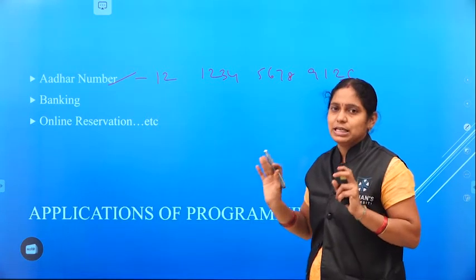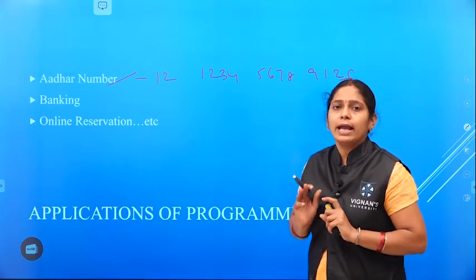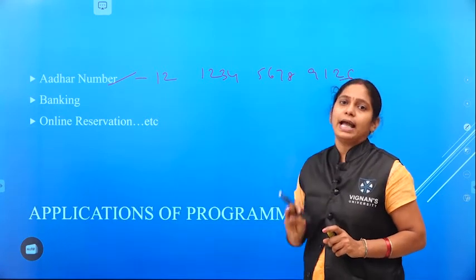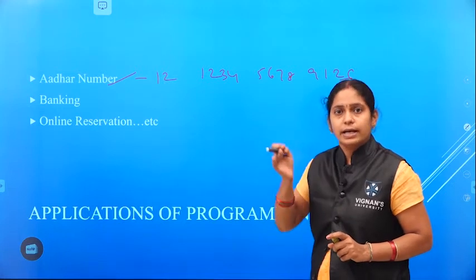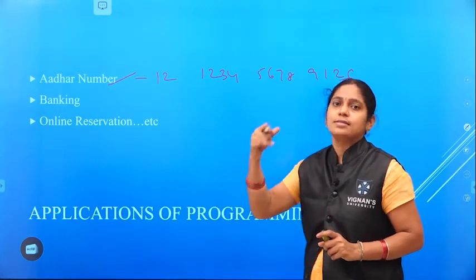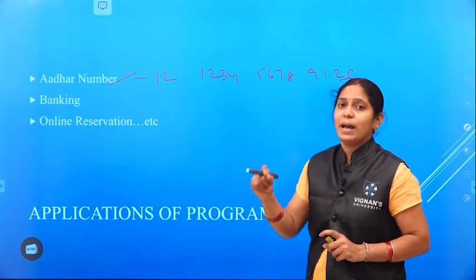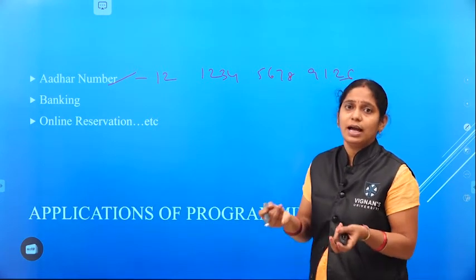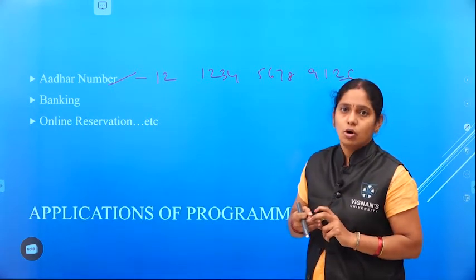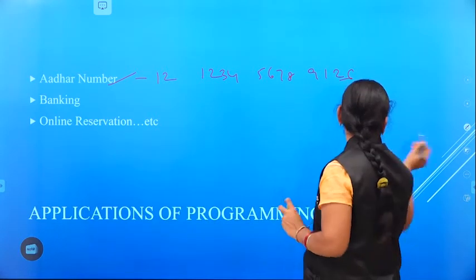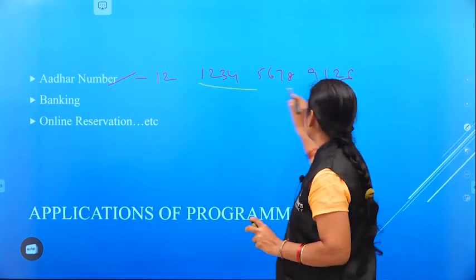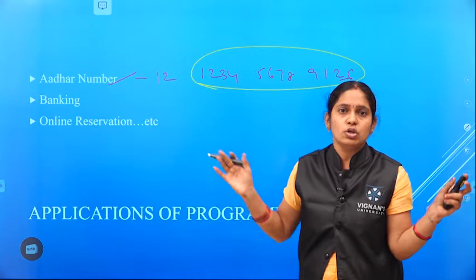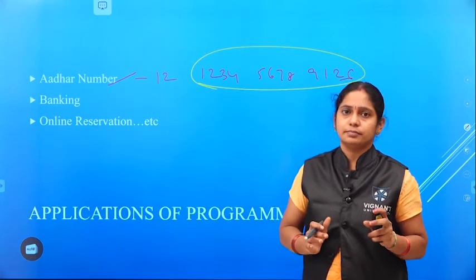If you simply search with this Aadhaar number, you can get everything. We can get the name of the candidate, their age, date of birth, phone number, address and their bank details. In which bank they have an account, everything will be displayed to us. If any vehicle is registered, that is also displayed. So one Aadhaar number is linked to many applications, and using that we can retrieve many details.